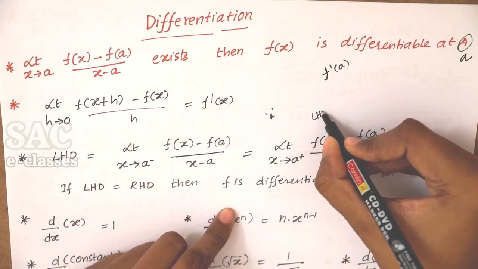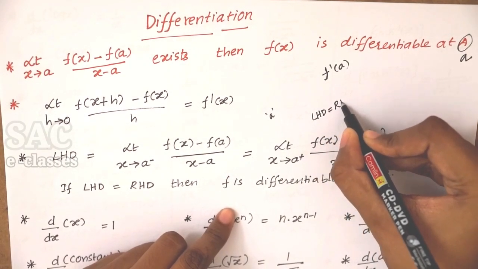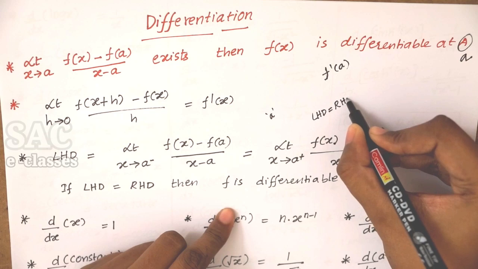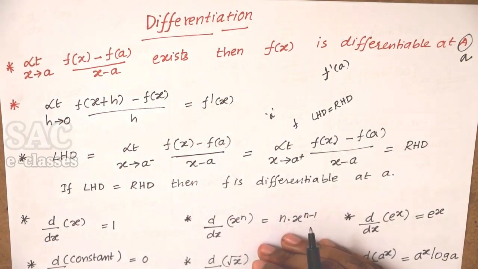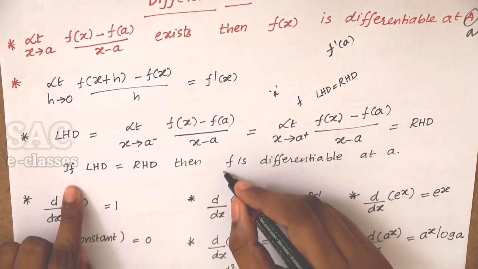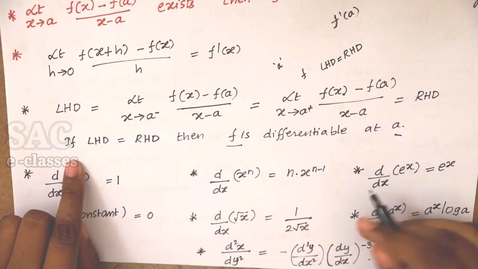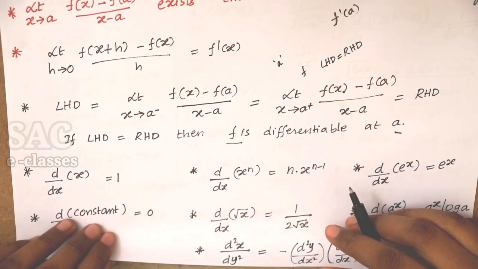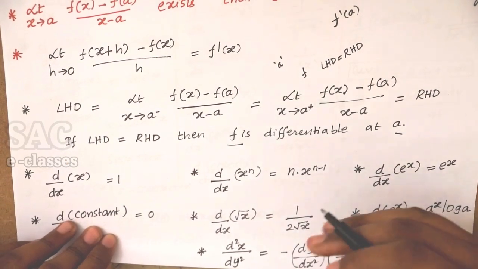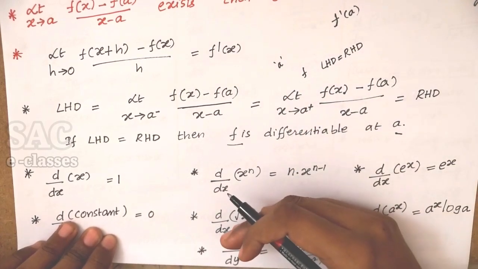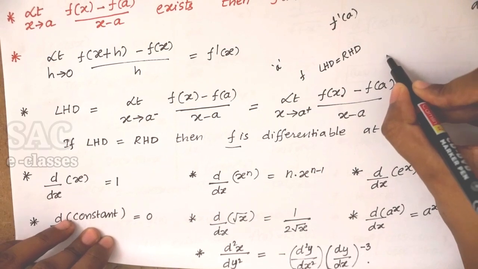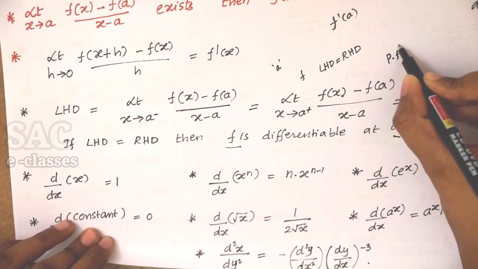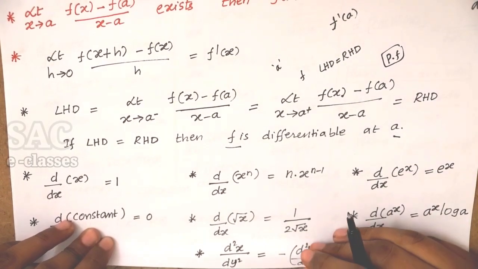Whenever LHD is equal to RHD, then we call f differentiable at a. But finding it with the help of limits every time may not give us a quick answer. You all know that rather than first principle, we need to learn some more ways to differentiate.